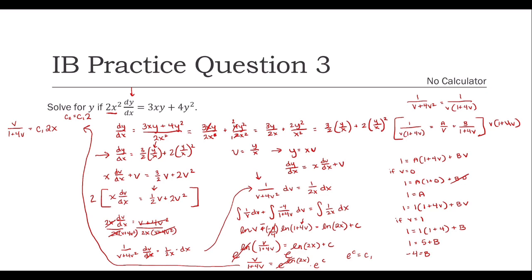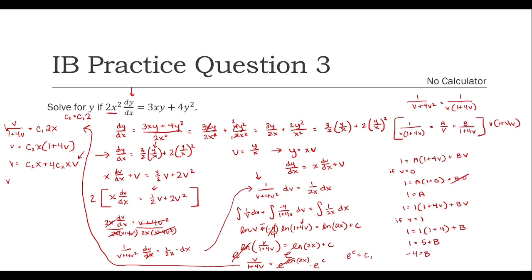And then we'll solve for v by multiplying both sides by this denominator. So we'll have v equals C2x times (1 plus 4v). So we have v equals C2x plus 4C2xv. Then we'll subtract this term to the other side.